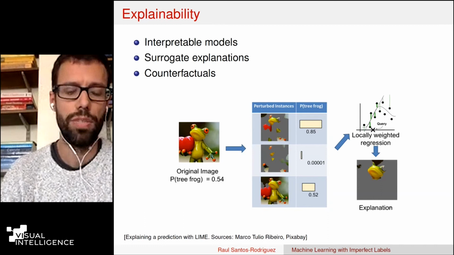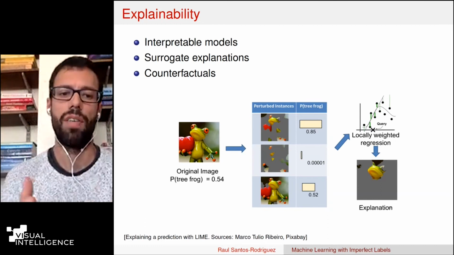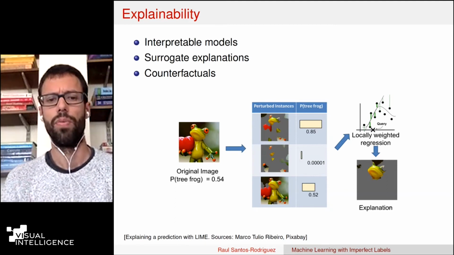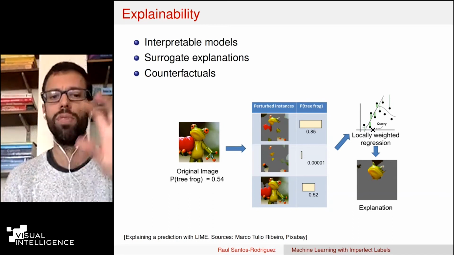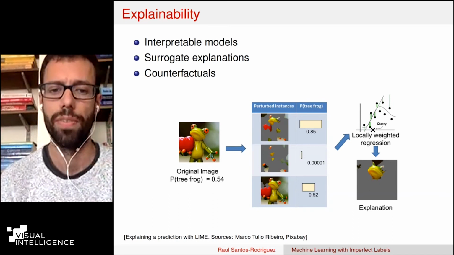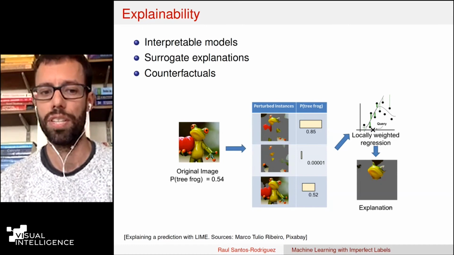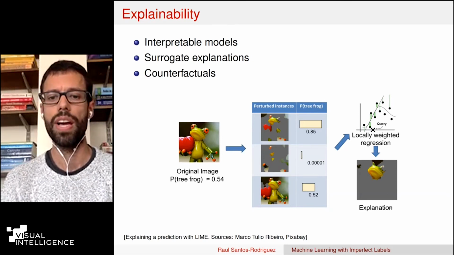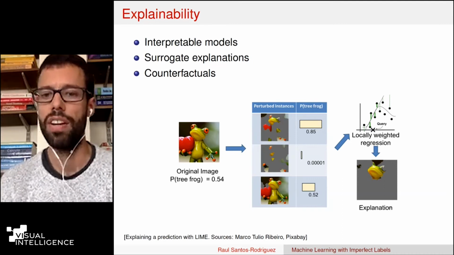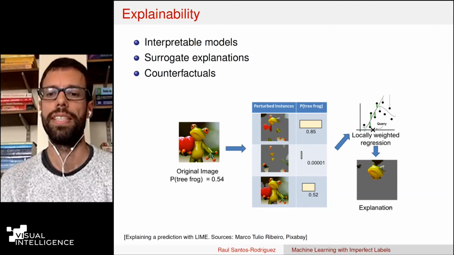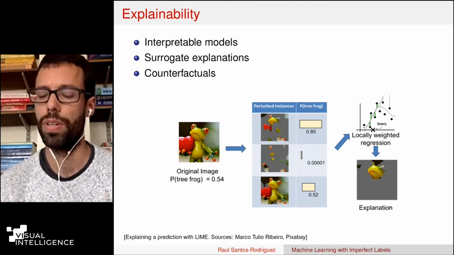So a very popular method is what's called LIME. And this method takes a picture like the one that you have there with the frog. And we tend to assume that that picture has been divided into superpixels, so into meaningful sections or areas of the picture. And what we do in order to try to explain what's going on with it and its prediction is to create a number of perturbations of that image, and then train a linear model and use the weights of that linear model to explain what's going on.